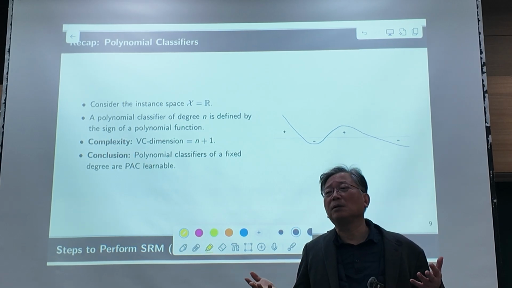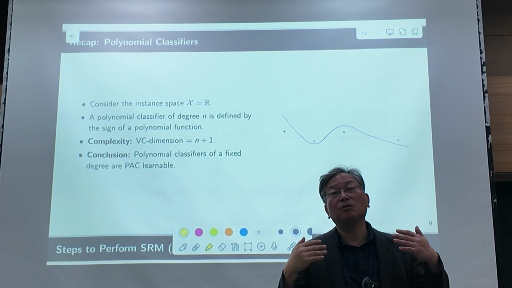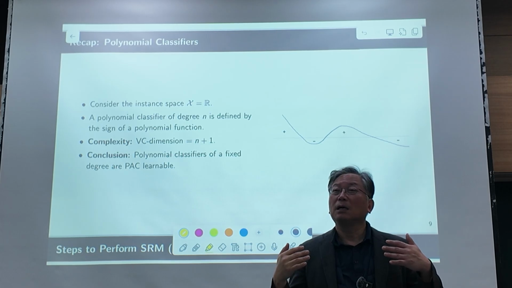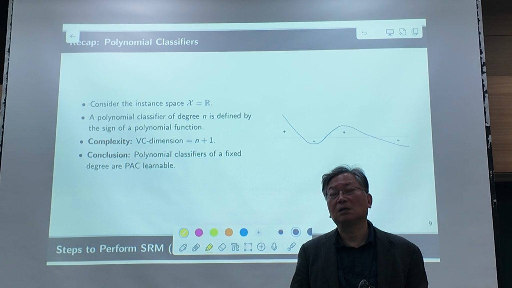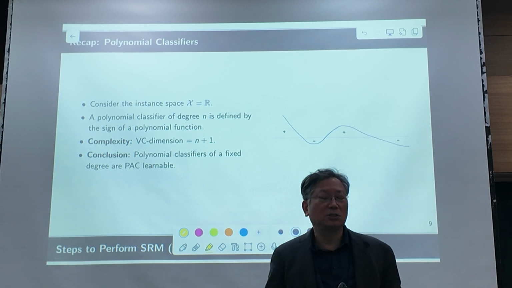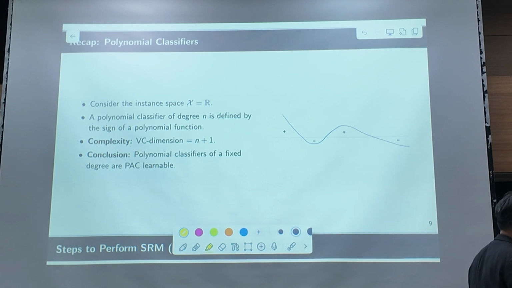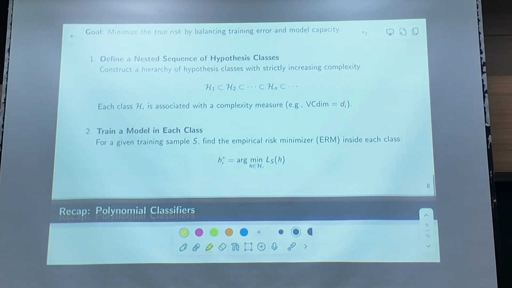An nth order polynomial does not have n plus 1 roots. Okay? So it can shatter n plus 1. So the VC dimension of an nth order polynomial is n plus 1. Okay?